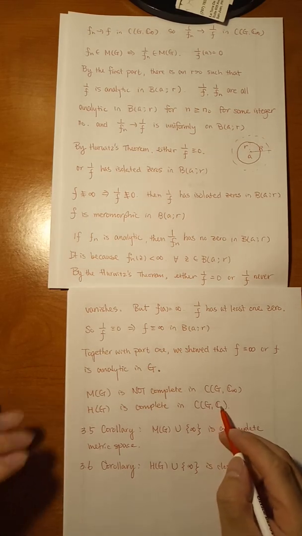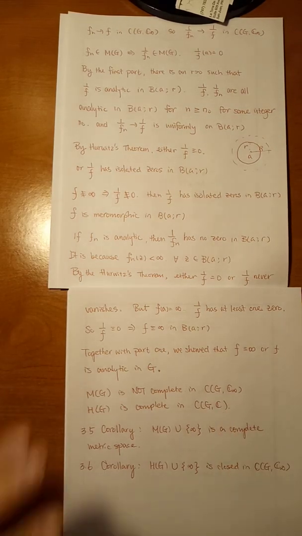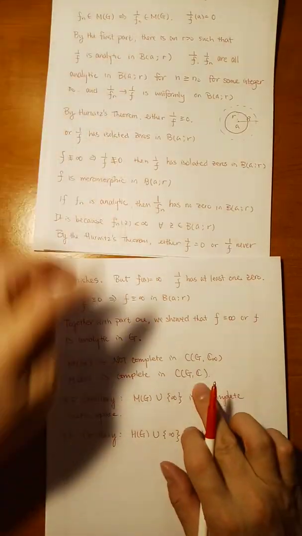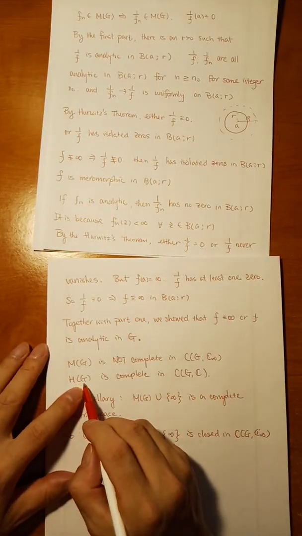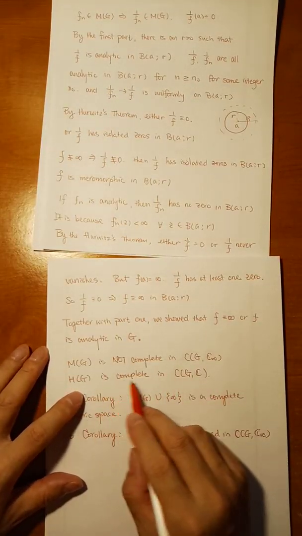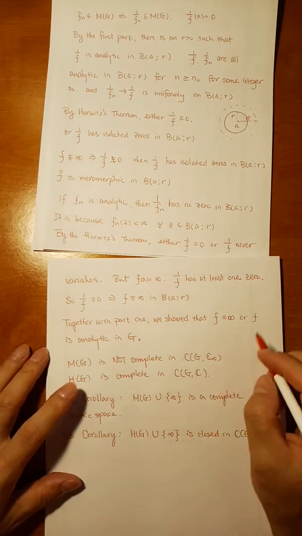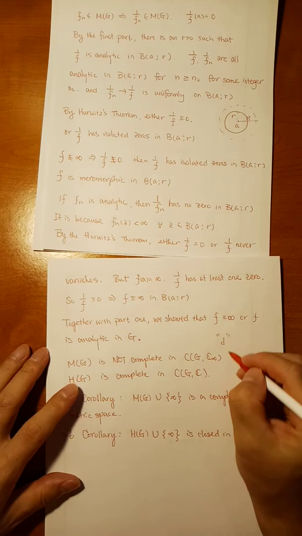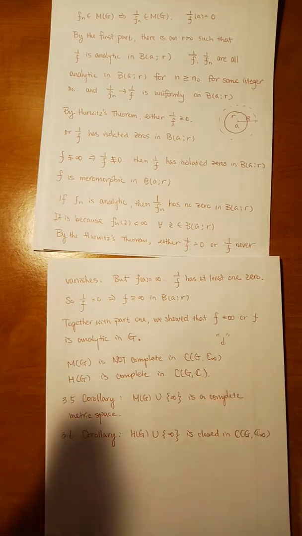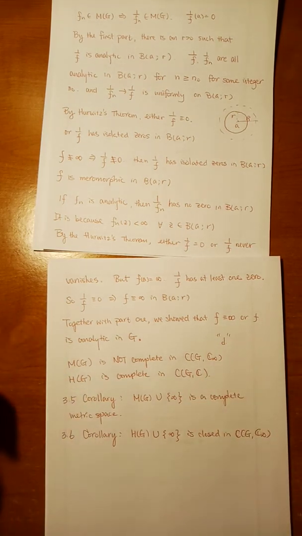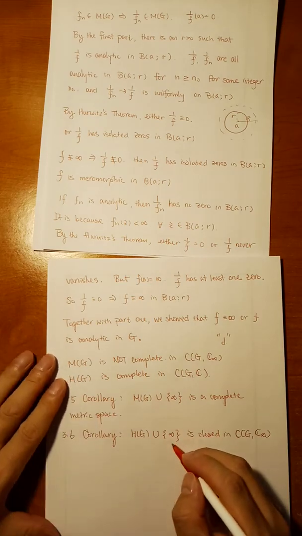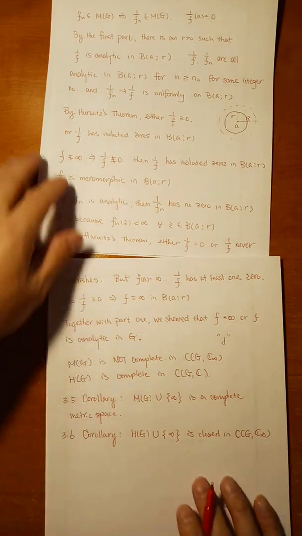So if you consider C, it is complete, but H of G is also not complete in C union infinity. Remember, whenever you have C infinity, you use that metric D. When you have C, you just use the distance. So together with the infinity, it becomes closed.